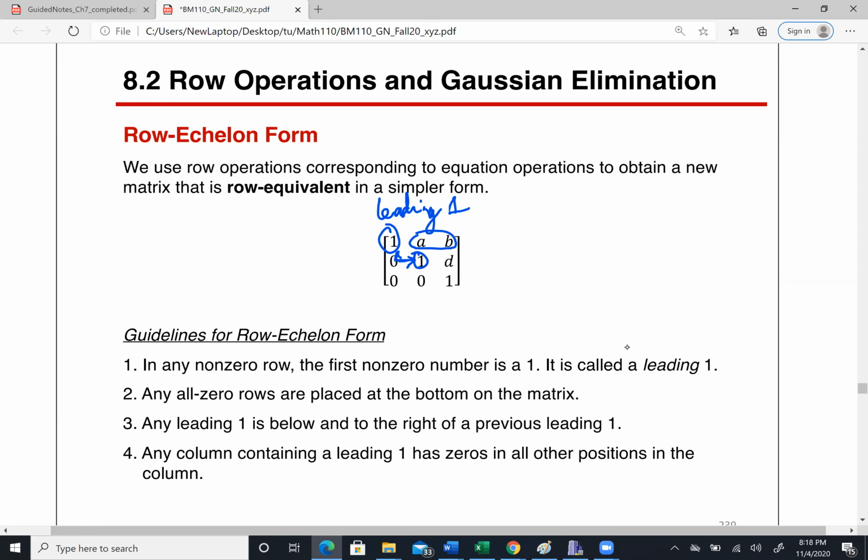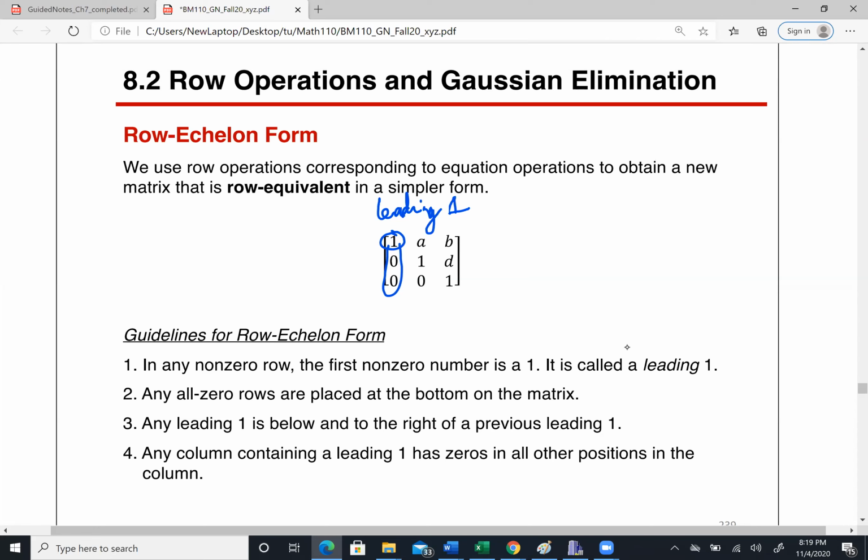Any column containing a leading one has zero in all other positions in the column. So let's say the first column here containing leading one, right?